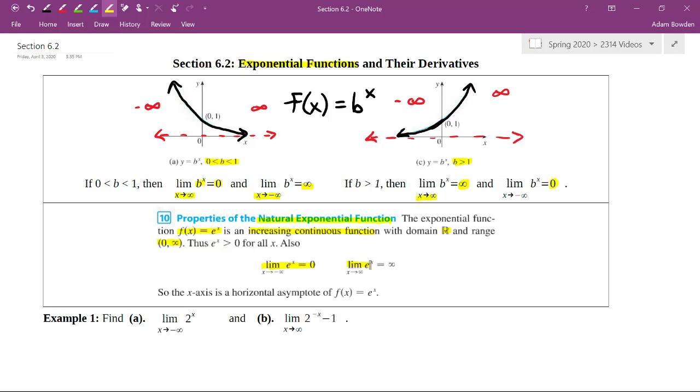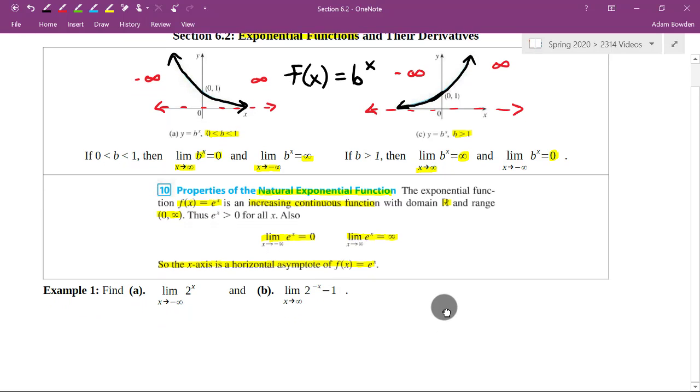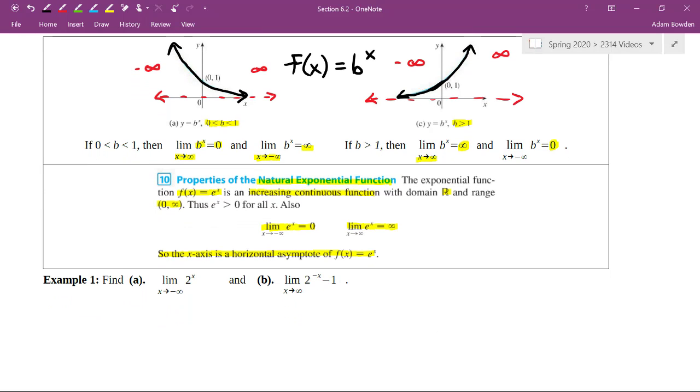As x goes to infinity, e to the x would equal infinity. And the horizontal asymptote is the x-axis of the function f of x equals e to the x. And this is basically the same properties when any base is greater than 1. You'd have the same situation.